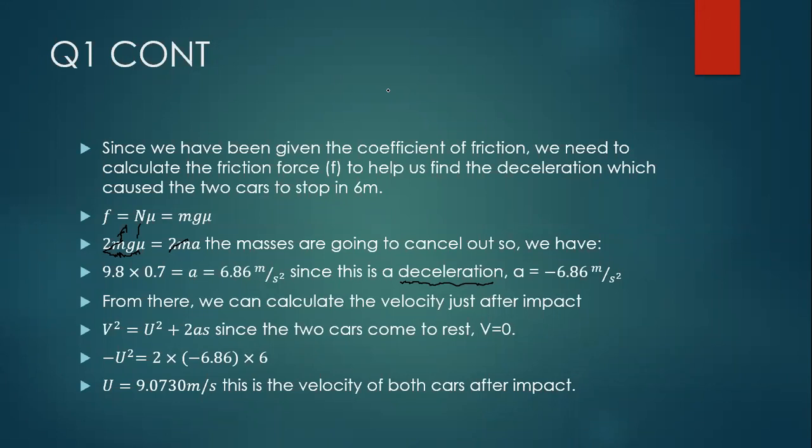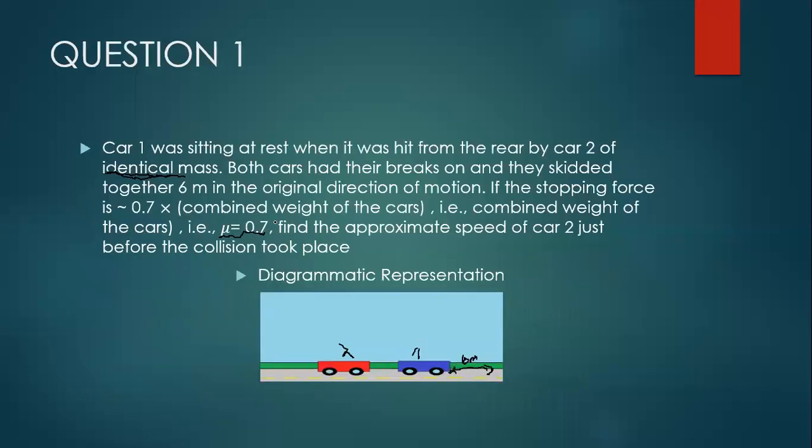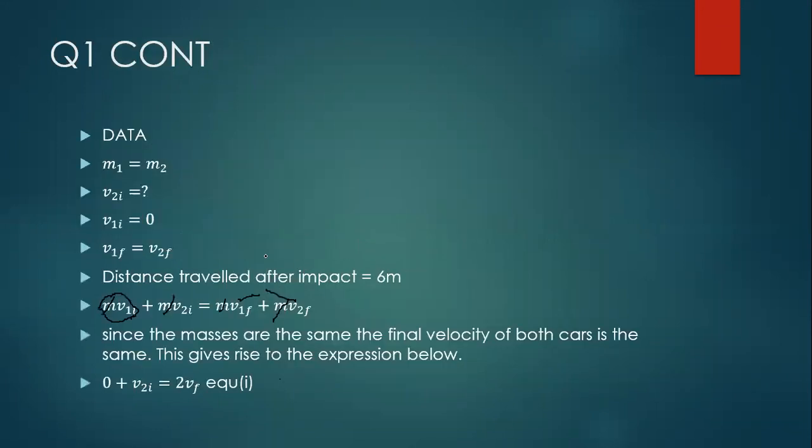Because at the end of the day, what are you looking for? Never lose focus of what you're looking for. What you're looking for is the approximate speed of car 2 just before the collision. So before the collision, what was the speed of car 2? How can I find this?